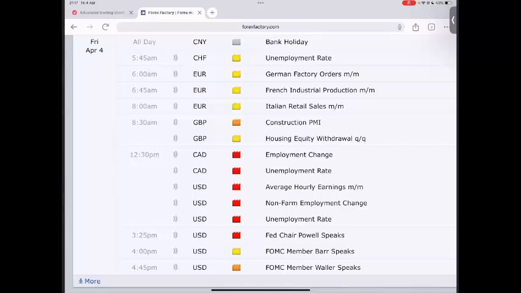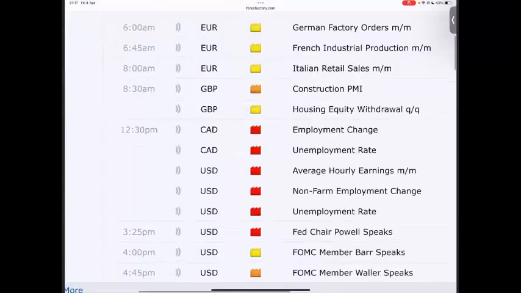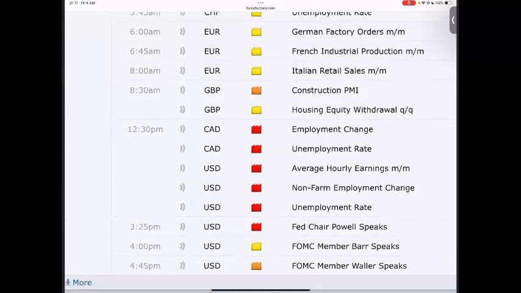So every pair that has USD, whether as a base currency or as a quote currency, is going to be affected. This means that USD CAD, GBP USD or AUD USD, whatever, so long as there's USD, is going to be affected.